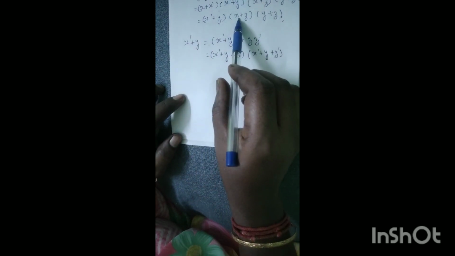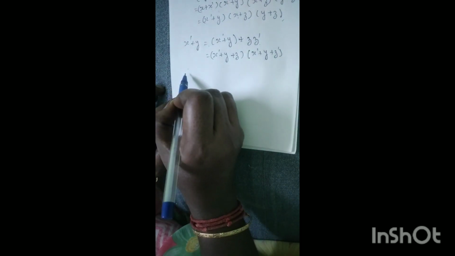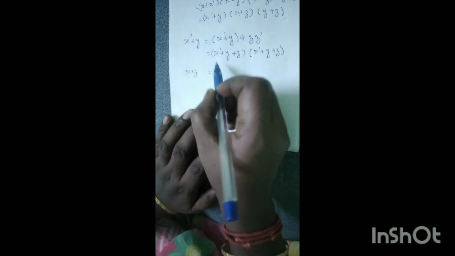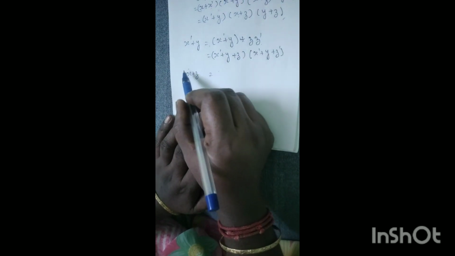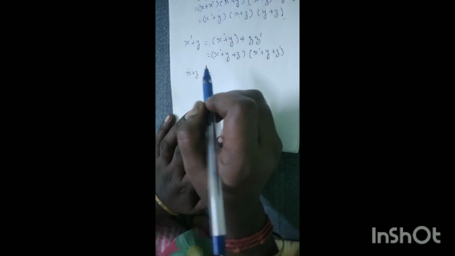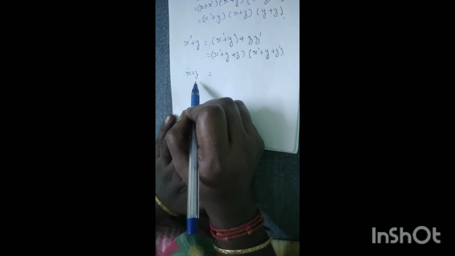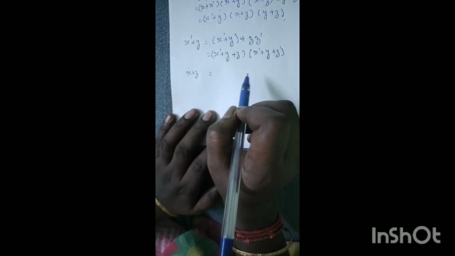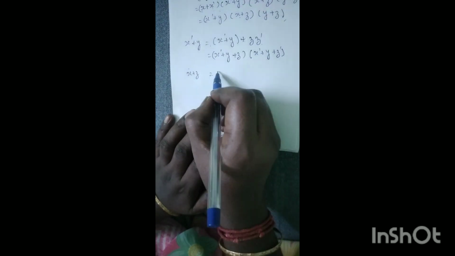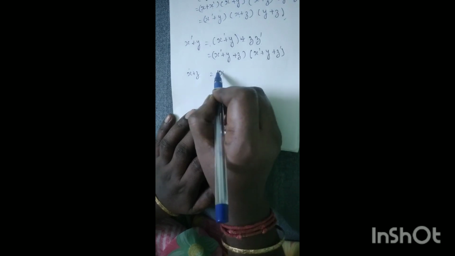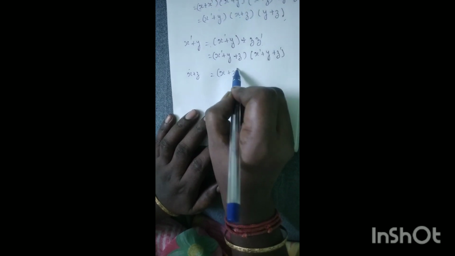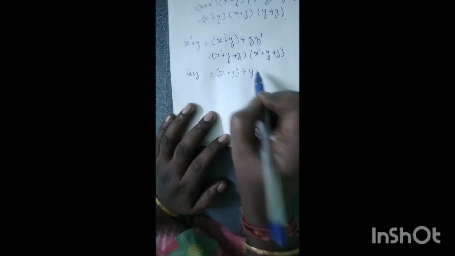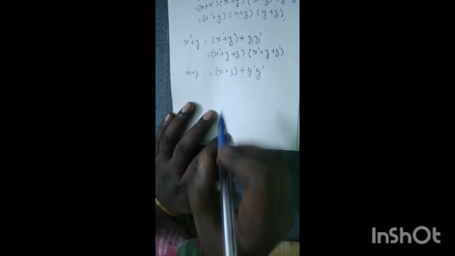Next we take another OR term, x plus z. In this x plus z we missed the y variable, so we are going to include the y variable in the form of product of normal and complement form. So we write x plus z plus y into y dash.